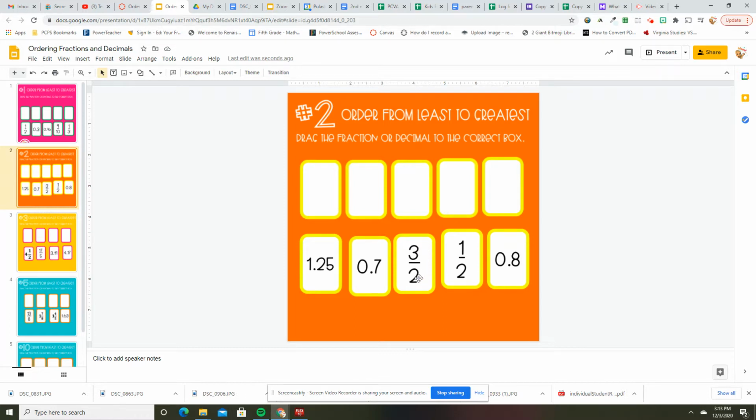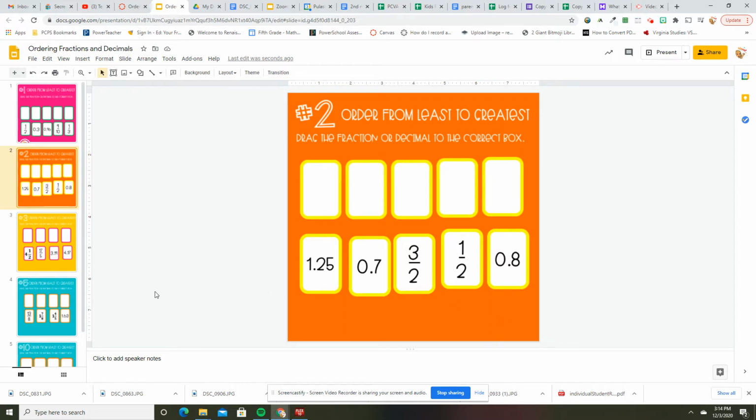If you have 3 over 2, you're going to still have to divide that to get the decimal form, but that's going to be a whole number, because 2 over 2 is a whole. When you divide that and you see how many times 2 will go into 3, you're going to have a whole number that comes out of there.